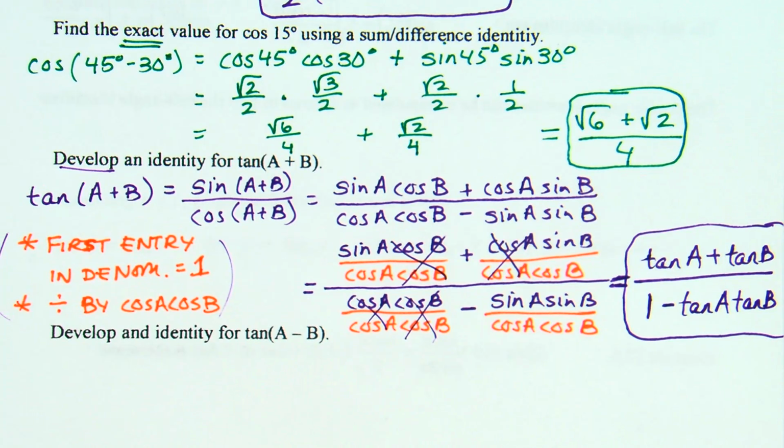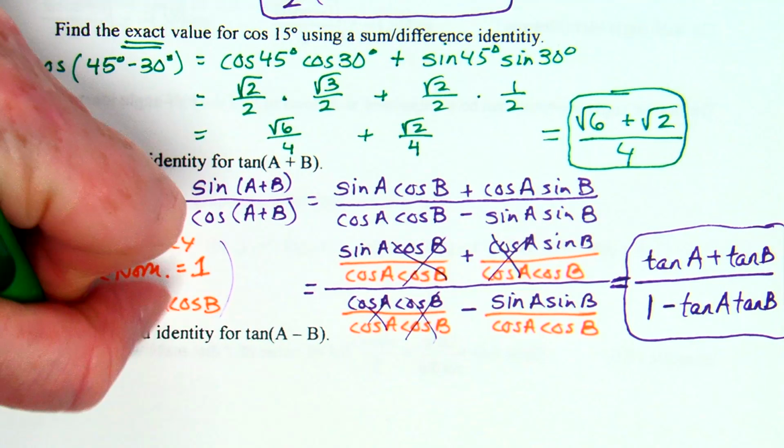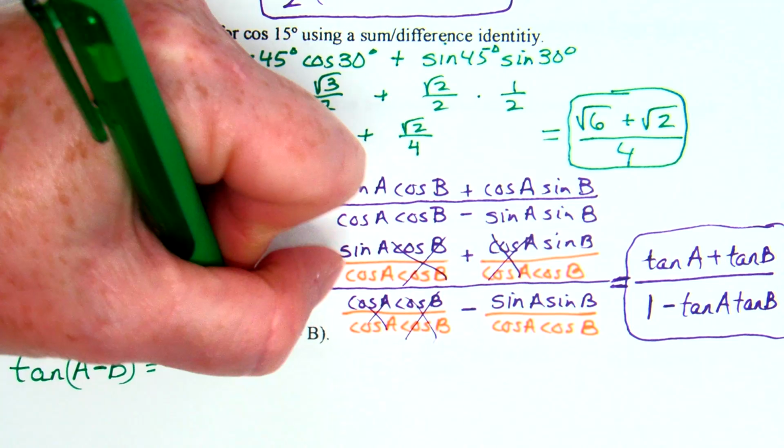Hopefully not. If we were to start it, it's tangent of A minus B. We know tangent would be sine over cosine, right? Now, we could work it as above, it's just the signs are different. What answer would you expect?